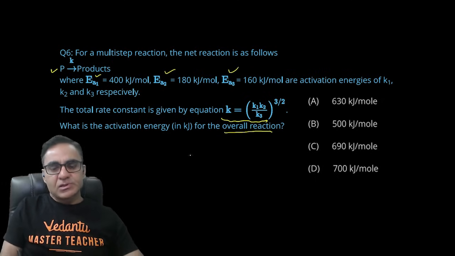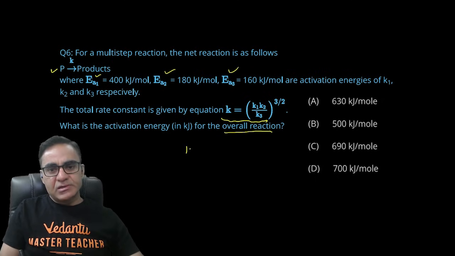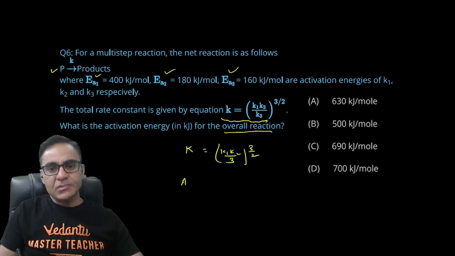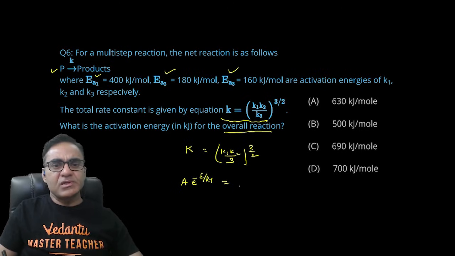All right. So we can write the net overall rate constant K, which is equal to K1 into K2 upon K3 raised to the power 3 by 2. K can be written as A overall e raised to the power minus E overall upon RT. And I can put the values of EA1, EA2, EA3 for K1, K2, K3.